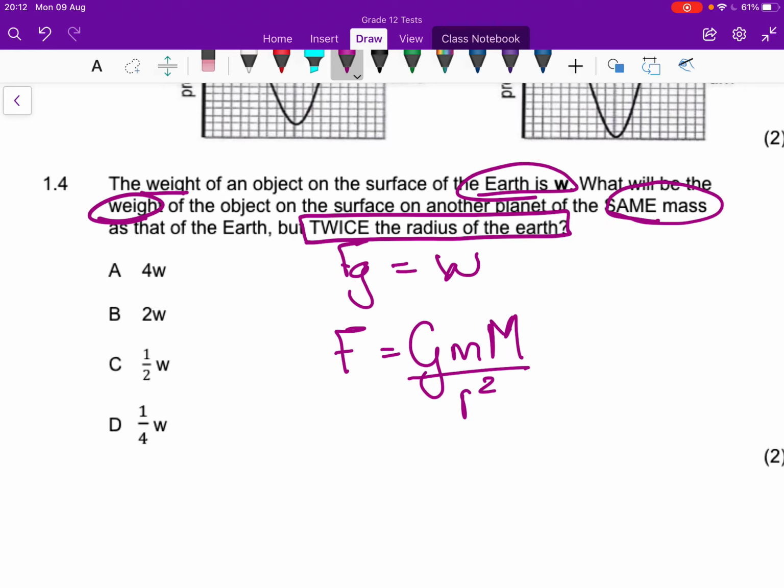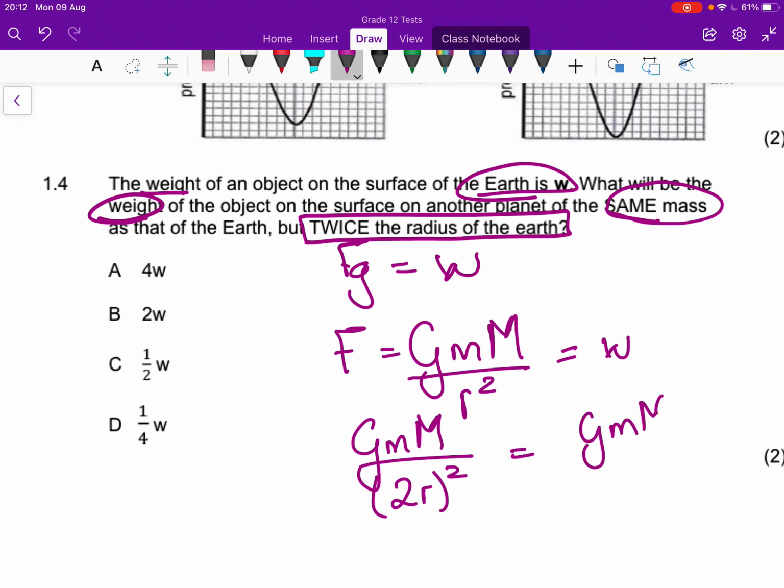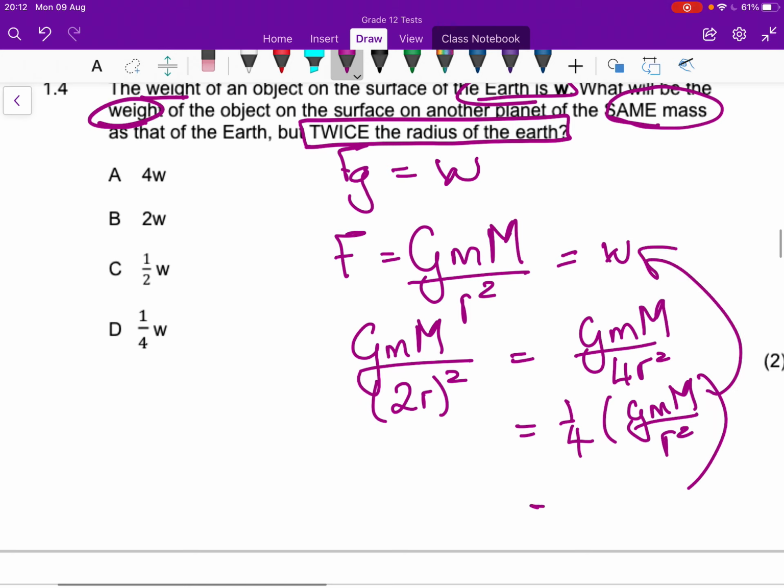On Earth that happens to be W. When we get to the surface of this new planet, we still have G, M, M, but now this is 2 times the radius of the Earth. So that's G, M, M over 4R squared. I'm going to take the 4 out. We get G, M, M over R squared, which equals W, so it's a quarter W. That makes it D as well.